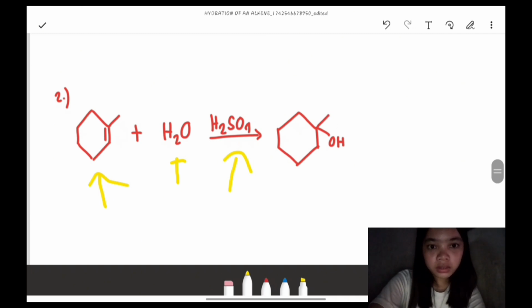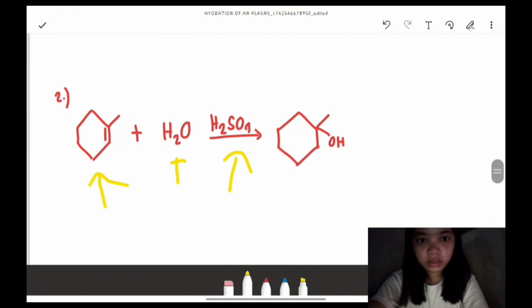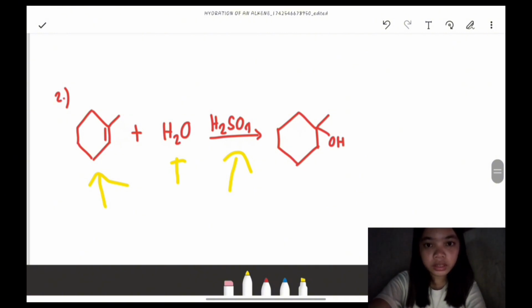This carbon is bonded to 2, so the hydrogen goes here. And remember, there's already another hydrogen here. So now you have 2 hydrogens together instead of just 1.